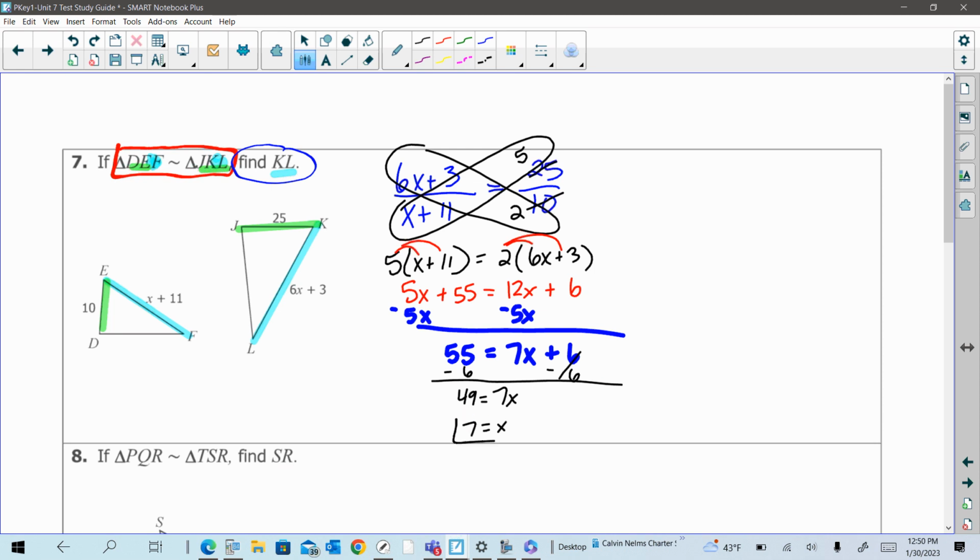Okay, the thing is though, they're asking for KL. So make sure you plug it back in. Right here, they told me KL was the 6x plus 3. So that means we're doing 6 times 7 plus 3. So KL really is 45.